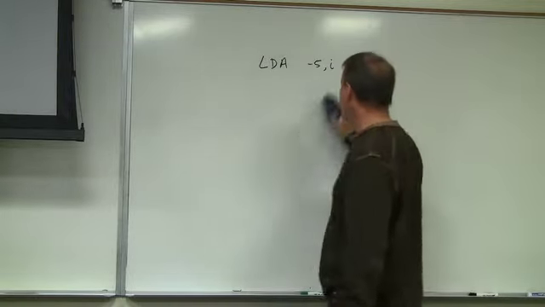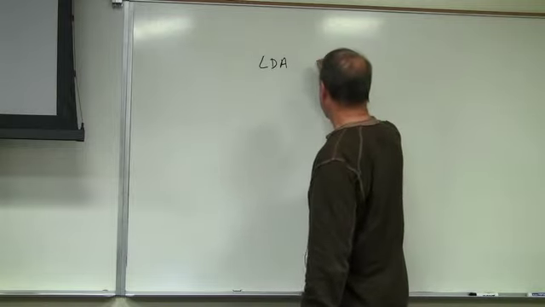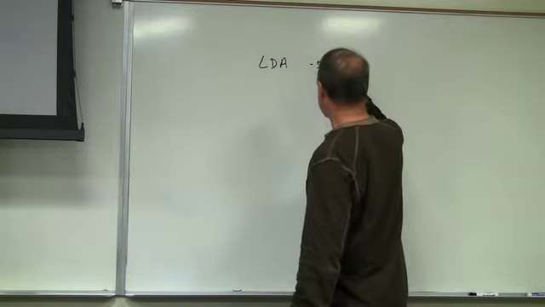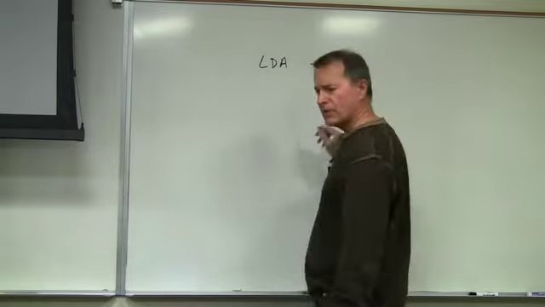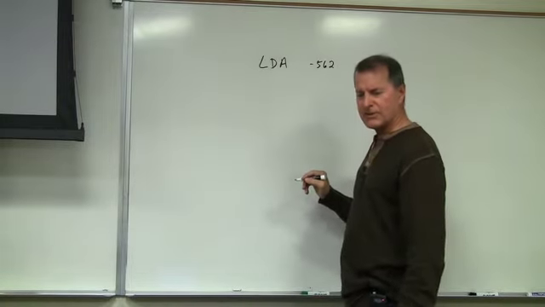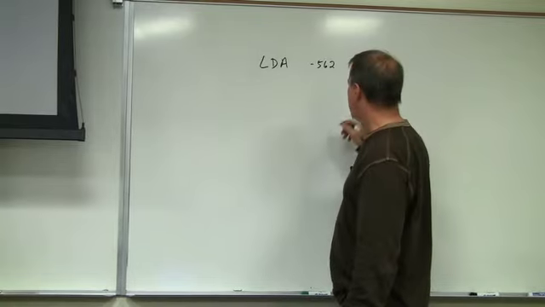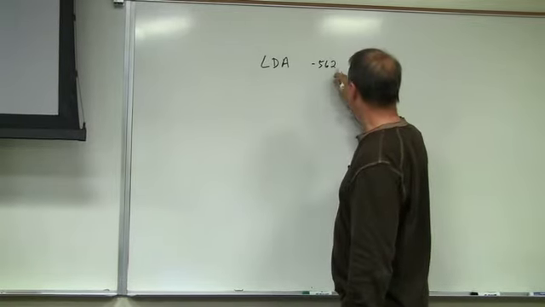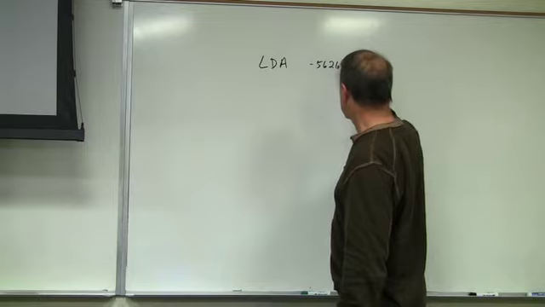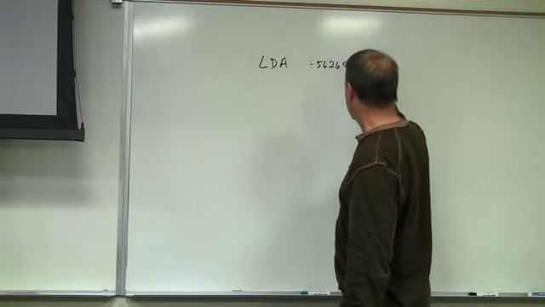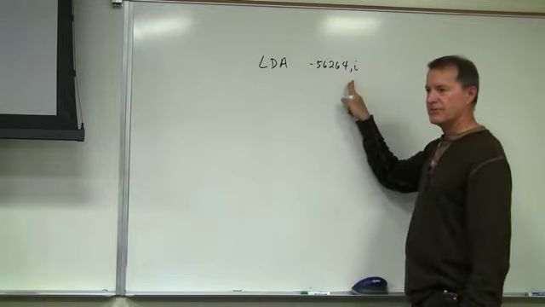Or here, let's make it a bigger one. If you say load accumulator -562 or 5, what is the range? What's the negative range? -32768. So -5264 immediate is going to be out of range, right?